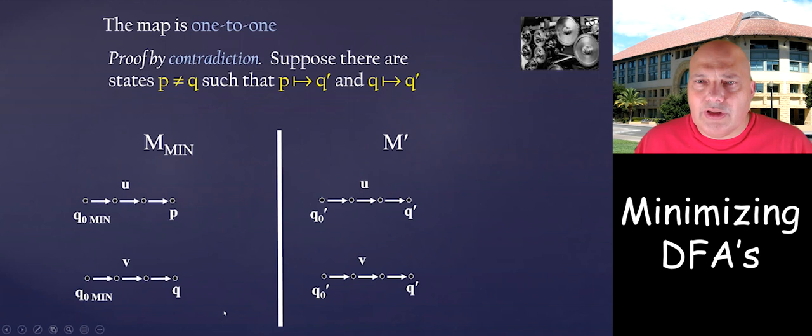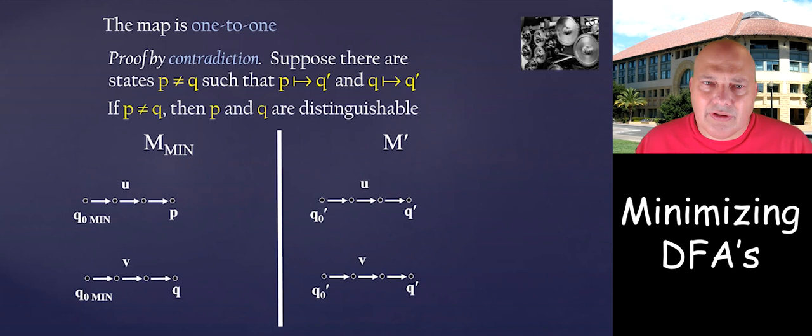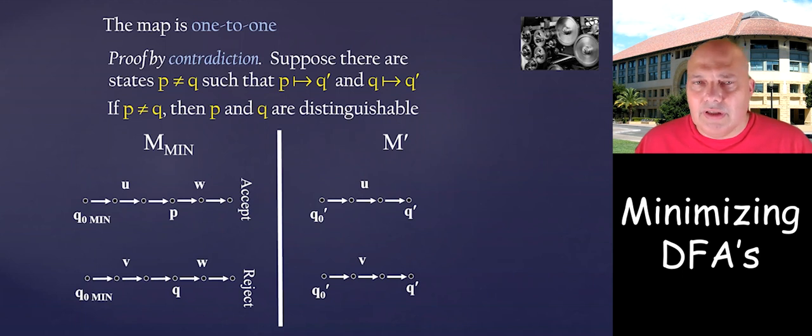Now we want to use the fact that P is different than Q. And if P is different than Q, they are also distinguishable. Why are they distinguishable? Our algorithm outputs something that is irreducible. Then there is a W that's going to accept from P and reject from Q. But M min and M prime are equivalent.